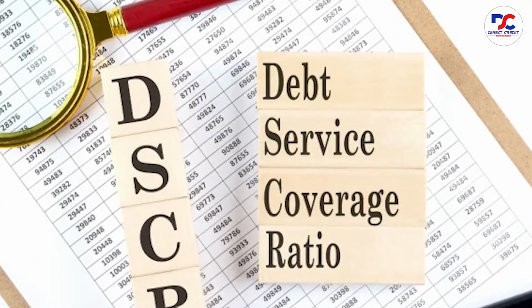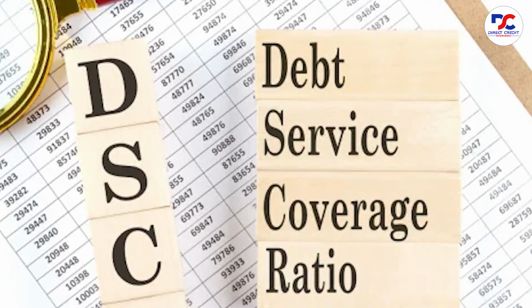So DSCR stands for debt service coverage ratio, which basically says how risky your business is. The formula is net operating income divided by total debt obligations, which gives you the DSCR.